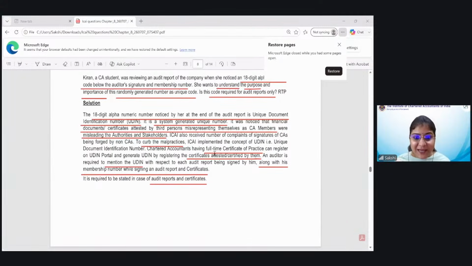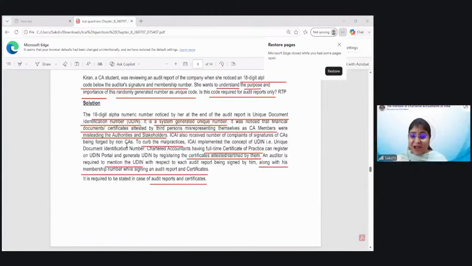Okay. So they say that it was noticed that financial documents or certificates attested by third parties misrepresenting themselves as CA members were misleading authorities and stakeholders. ICAI also received a number of complaints of signatures of CAs being forged by non-CAs.